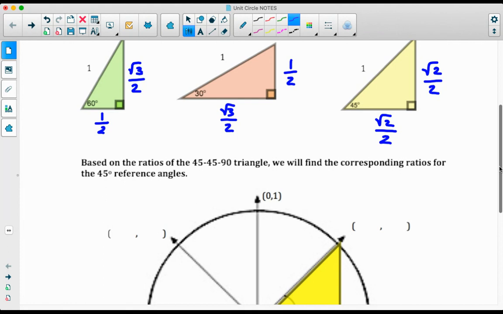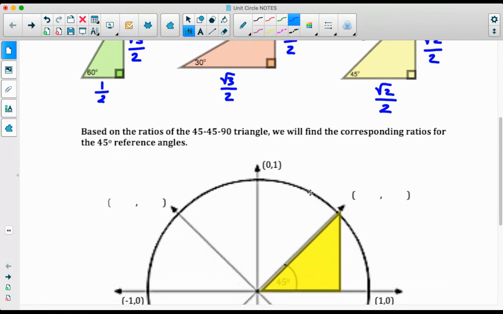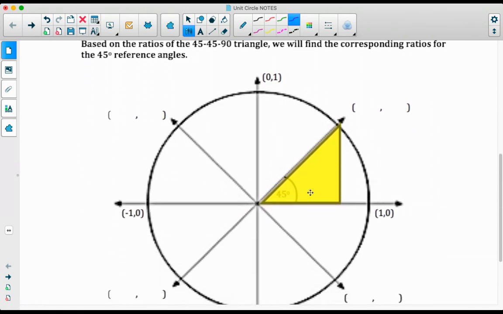Using those ratios, we're going to incorporate what the values on the unit circle would be for the 45, 45, 90 triangle. Moving down to our circle here, we have in quadrant 1 a yellow 45, 45, 90 triangle. Since it's a unit circle, our radius is equal to 1, which makes the length of our vertical piece radical 2 over 2, and our horizontal piece radical 2 over 2.